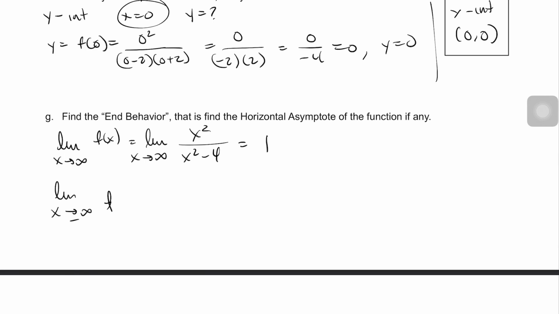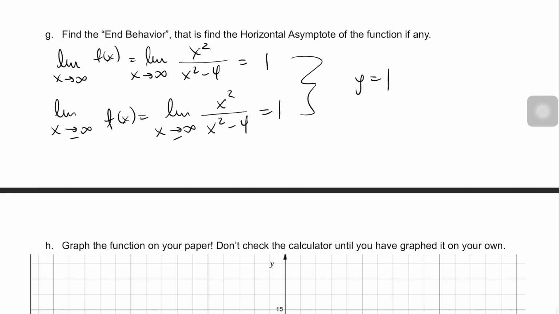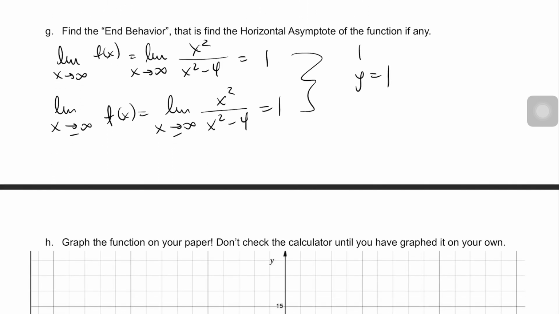For negative infinity, it's still going to be the same thing. Negative infinity squared, right? They're both going to become positive. Positive minus 4, positive infinity over minus 4 is still infinity. So this is infinity over infinity, still 1. So y equals 1. That's going to be your horizontal asymptote.